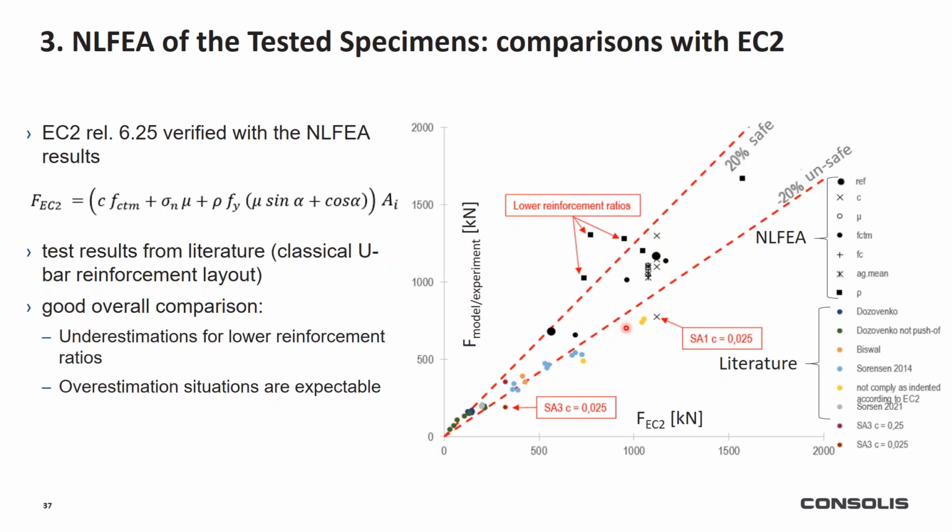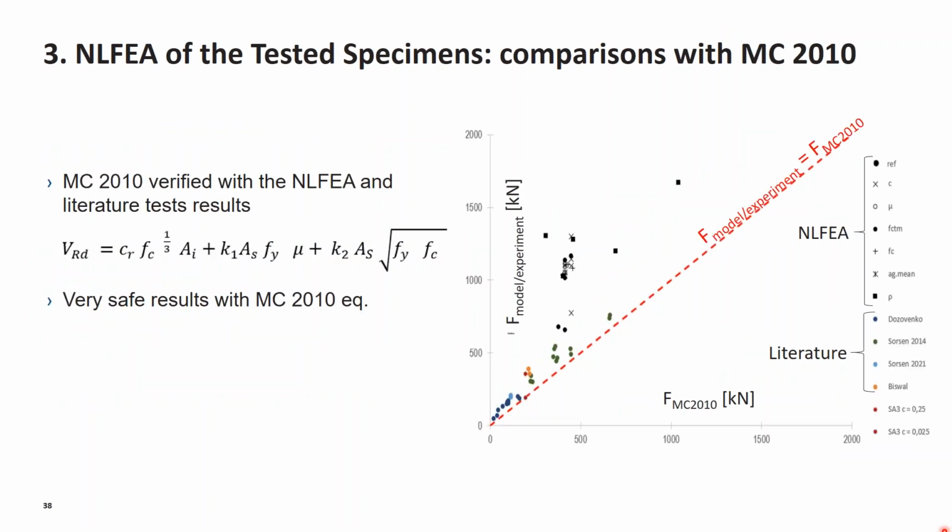So we have only few tests or model results that are on the unsafe side, and these were easily explainable. Alternatively, you can use the model code equation. This equation was proven to be much more on the safe side.